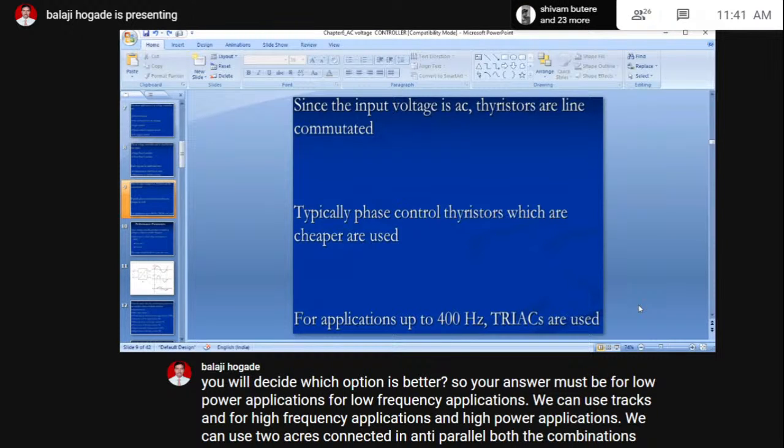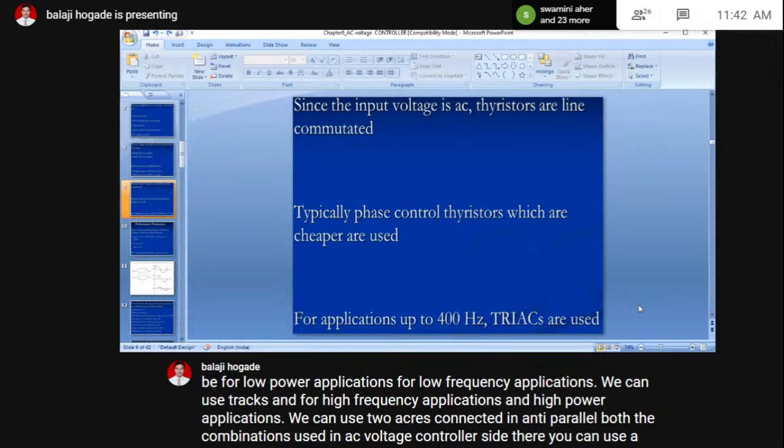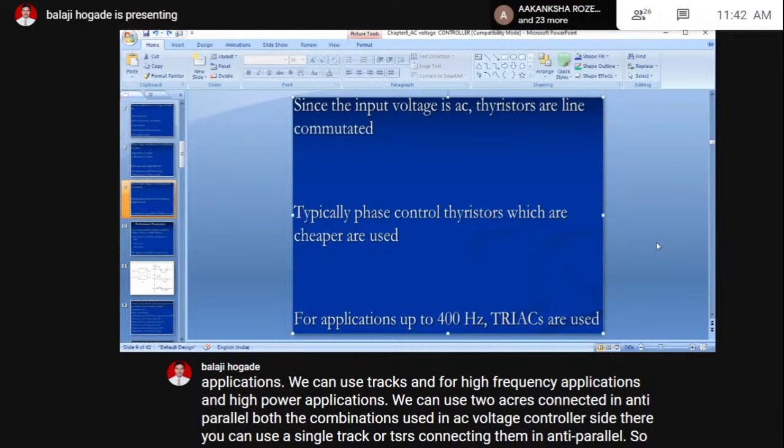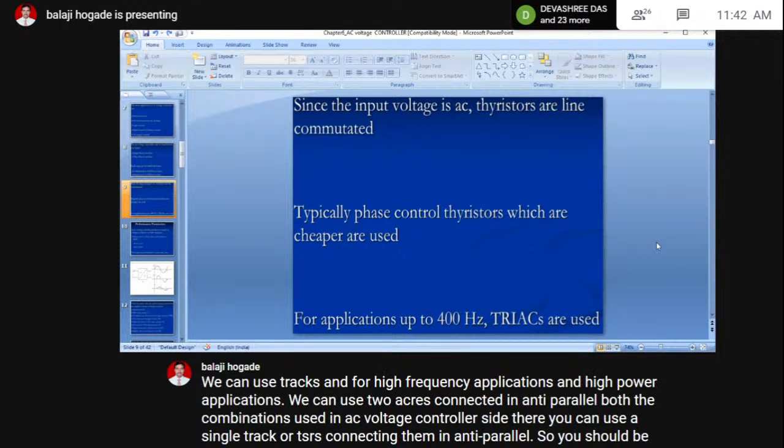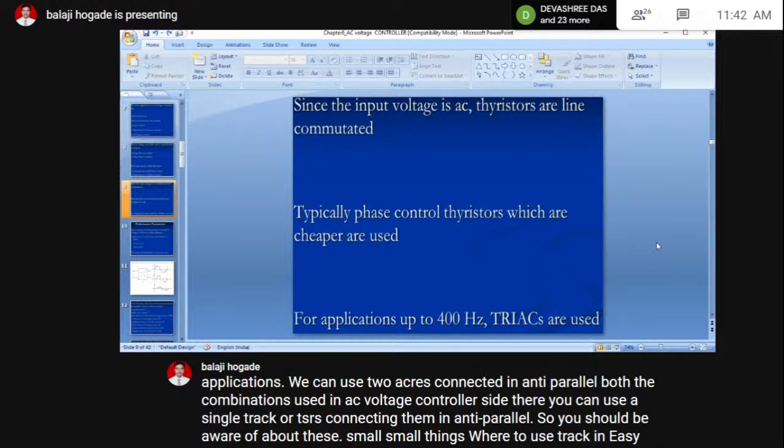Either you can use a single triac or two SCRs connecting them in anti-parallel. So you should be aware of these small things. Where to use triac in AC applications and where to use SCRs in AC applications. You should be able to answer this.